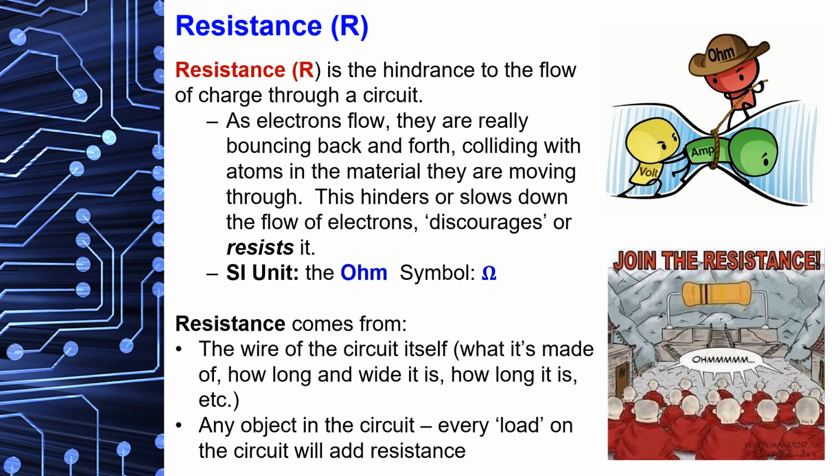So we need to protect sometimes the materials around our circuits from the heat that's generated by the electrons moving through our circuits. And then other objects in the circuit, everything from your light bulbs to your resistors, which are specially designed to offer a certain amount of resistance, to your refrigerators, to your microwave, everything will add resistance to the circuit.